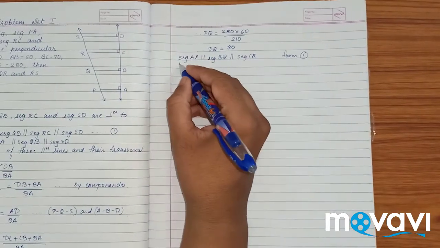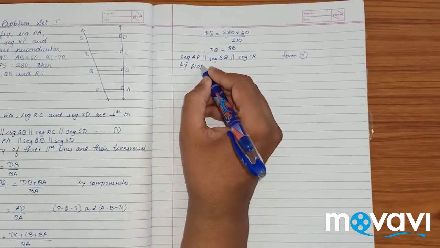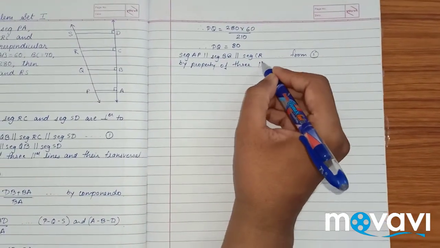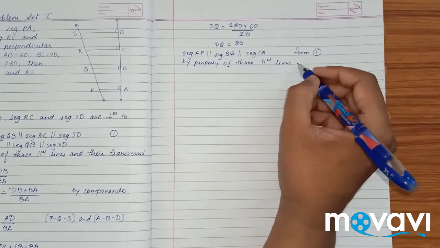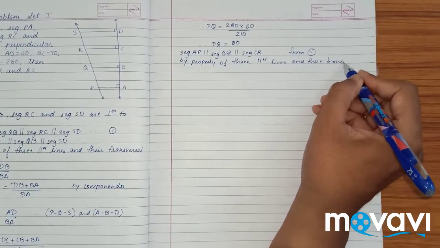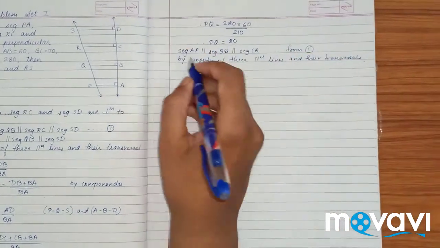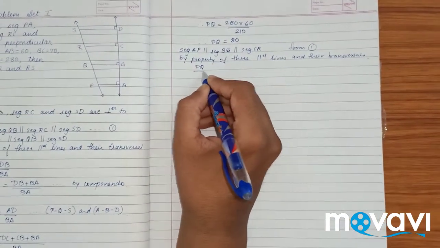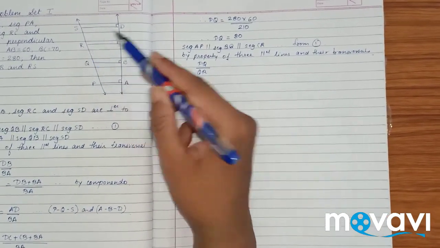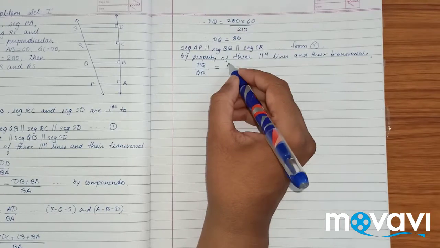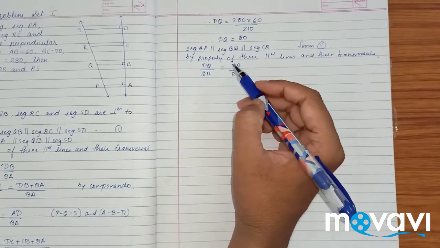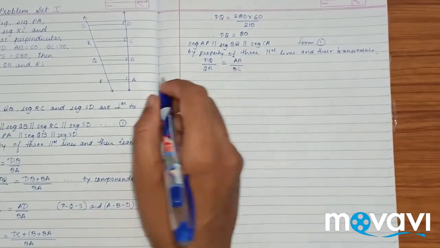Again, by that property of 3 parallel lines and their transversals, I am again going to use this. PQ upon QR is equal to AB upon BC, so that I can find QR.